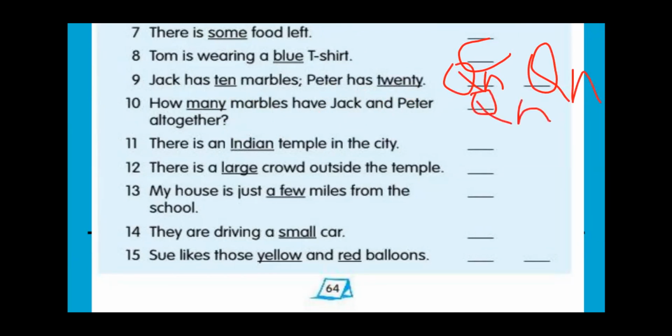But here quantity is not exact quantity, right? Is there a specific number, 1, 2, 3? No, right? It's just an approximation, you can say an estimate. So that's also quantity. Next, there is an Indian temple in the city. What is Indian over here? Origin. It tells you about the place, right?